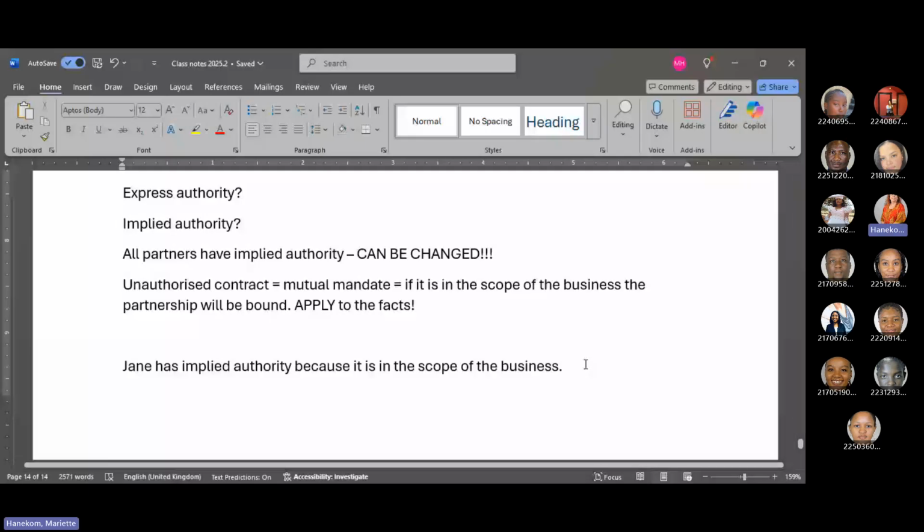If she acted contrary to that, we've just agreed, she does not have implied authority. The fact that it's in the scope of the business doesn't suddenly give her authority. It remains unauthorized.